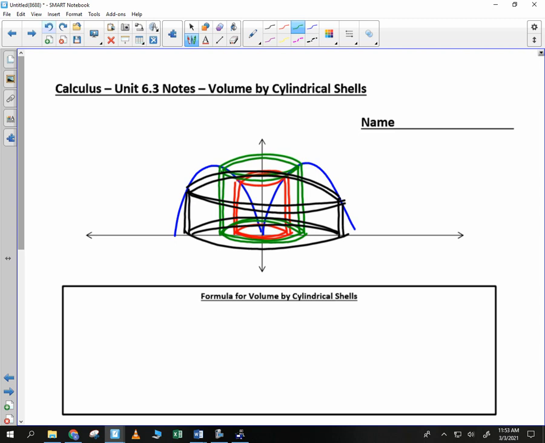If you unravel it, what shape are you going to get? A rectangle. And rectangles are awesome. Do you know why rectangles are awesome? Because it's easy to find the area. So look at your green thing here. Is the width dx or dy?